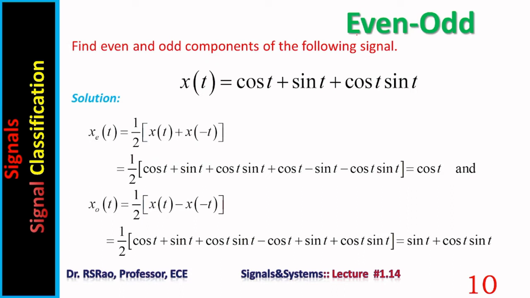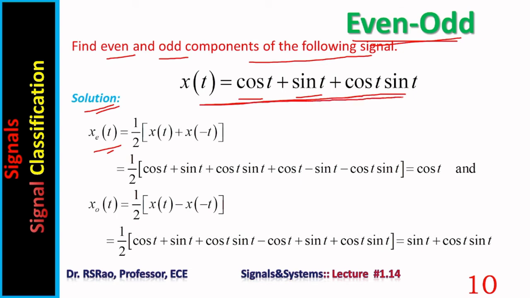A few problems on even odd nature of signals. Find the even and odd components of the following signal: x of t equals cos t plus sin t plus cos t sin t. Solution. The even part of the signal, xe of t, is half x of t plus x of minus t. Here x of t is the given signal.